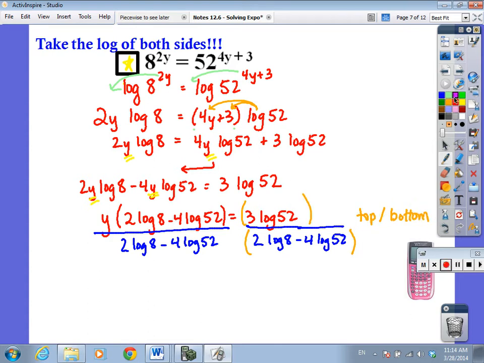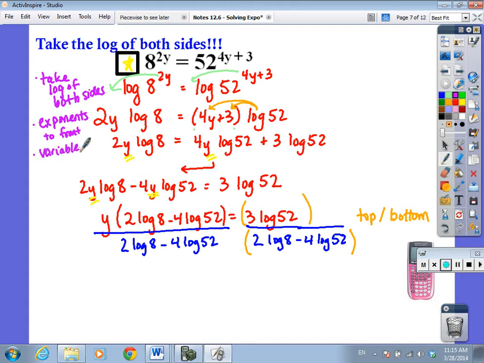Let's write out what we did. We took the log of both sides. So taking the log of both sides means you physically write the word log in front of it. I pull out my exponents. So I pull my exponents to the front. The next thing I did was I moved my variables left.